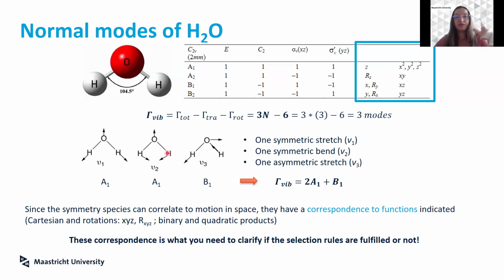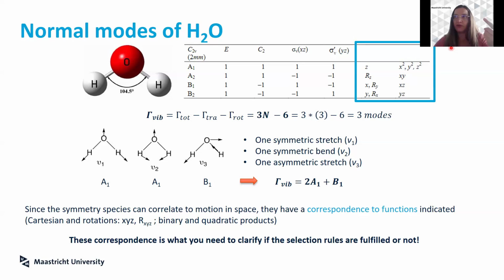So since the symmetries and these normal modes of motion have a correlation in space, they are associated directly in the table with a function, something that will correspond to this motion in space.